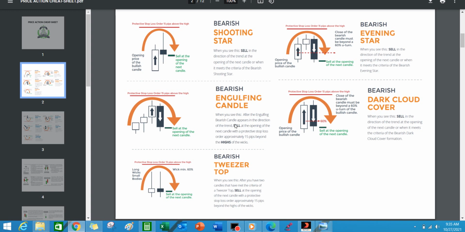Okay, after the engulfing bearish candle appears in the direction of the trend, sell at the opening of the next candle with a protective stop loss. With a protective stop loss, that is always very important.